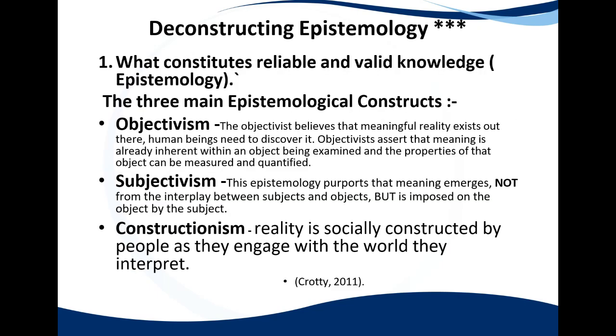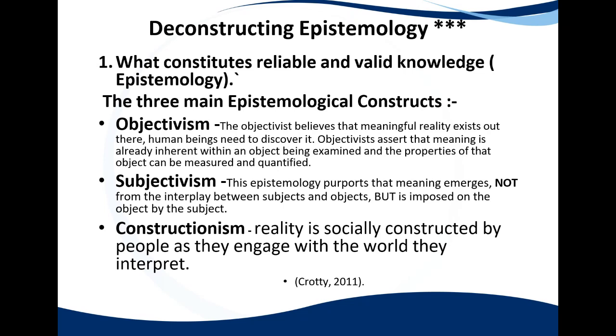The same would go for the epistemology. So in epistemology, it is about truth. What do we believe about knowledge? How do we view knowledge? And what constitutes reliable and valid knowledge?